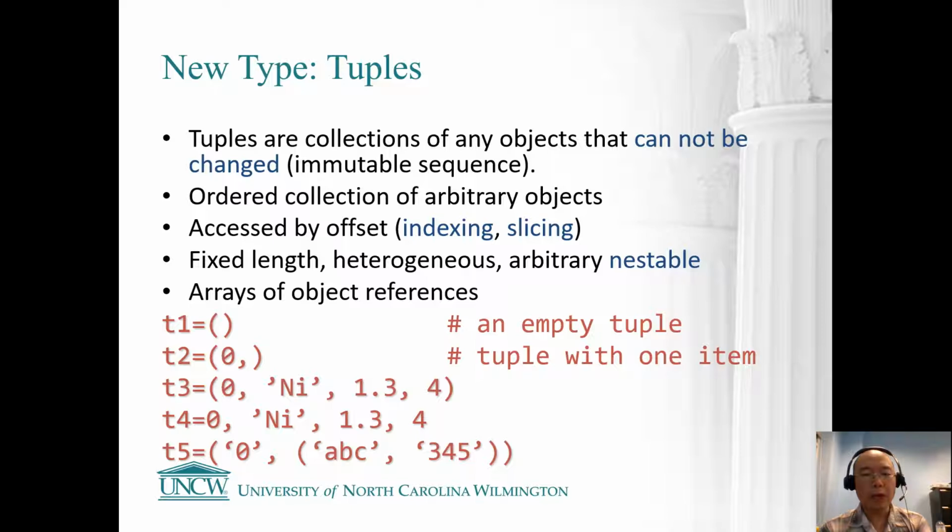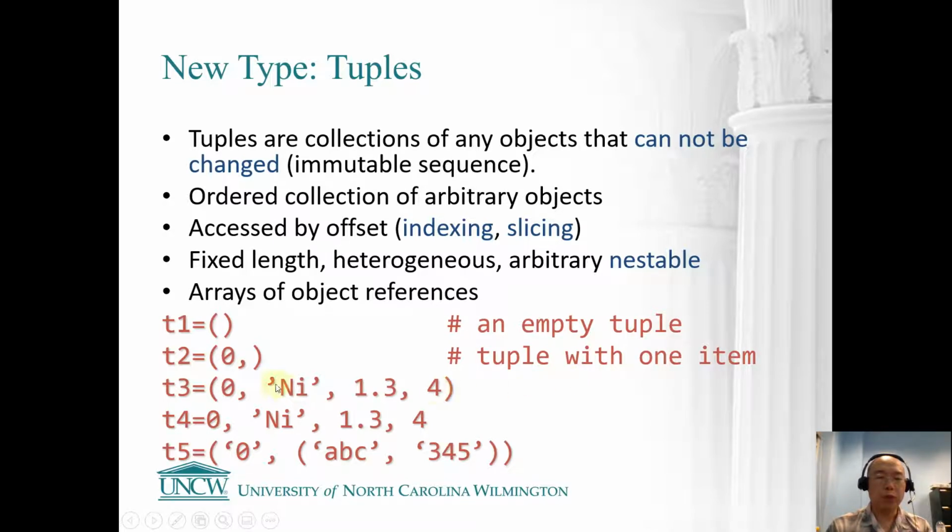So let's see how we can define tuples. By definition, we do not have to use parentheses, but 99% of the time you will see people using parentheses to define tuples. For example, if we want to define an empty tuple, that is an empty pair of parentheses. And if we want to define a tuple with one item, here is a small trick.